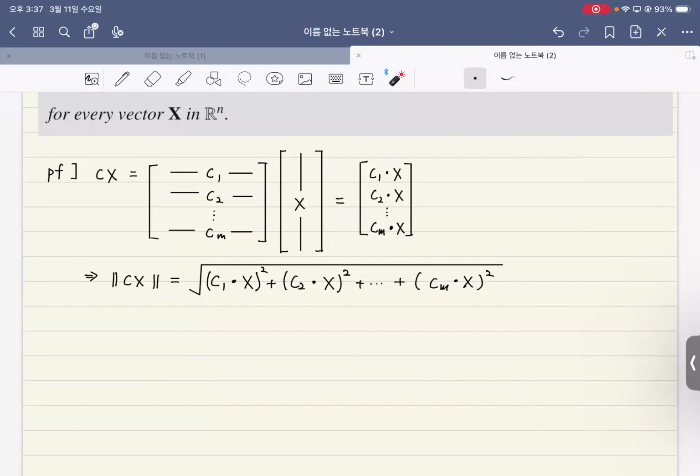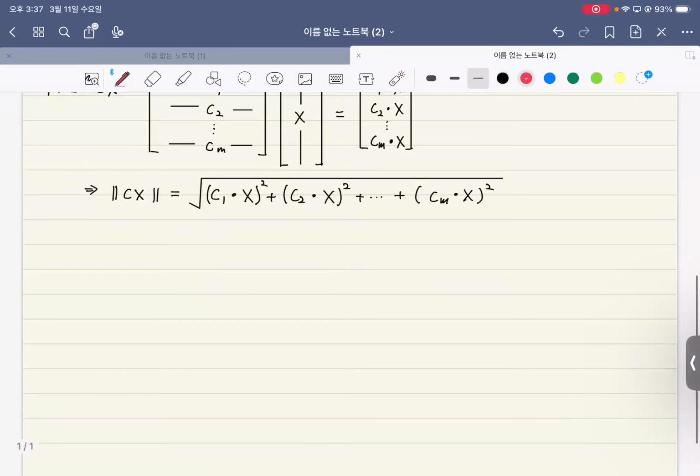Since we are squaring everything, this term is bounded by the length of C1 squared times the length of x squared. And this one is also bounded by the length of C2 squared times the length of x squared. And finally, this one is bounded by the length of Cm squared times the length of x squared.